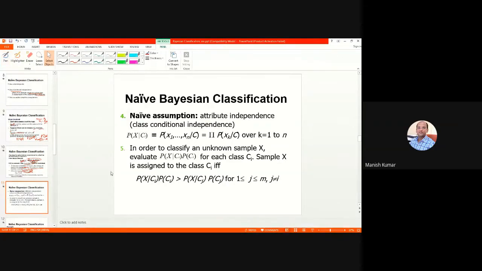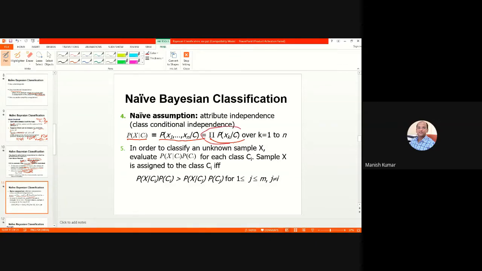The moment we assume this, P(x|Ci) can be seen as a product of individual terms: given the class, the probability of each attribute value is calculated and all are multiplied.